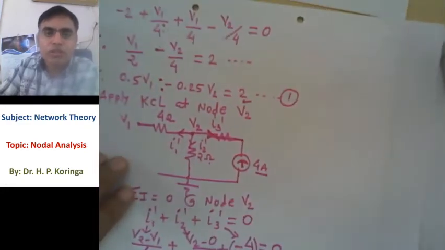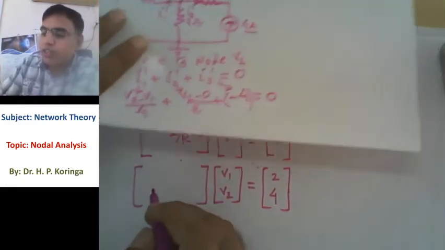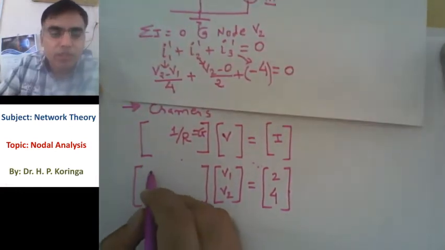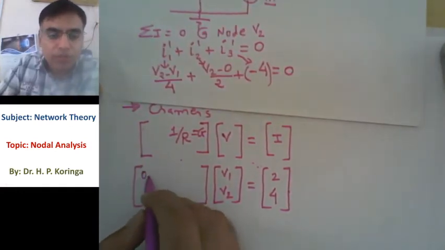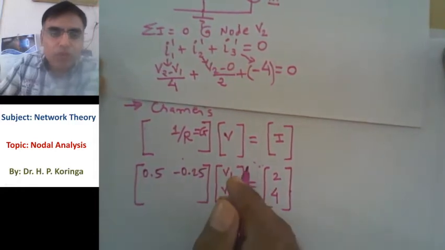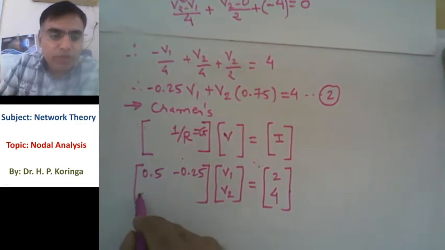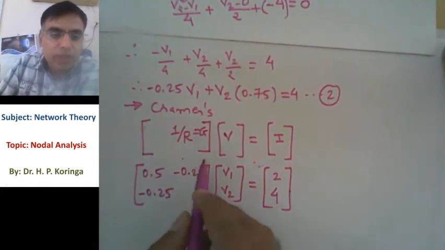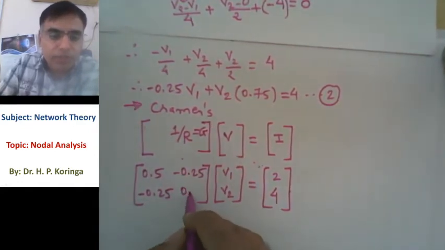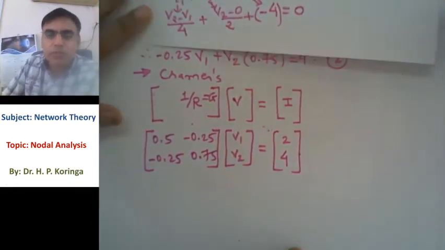So what are the coefficients of the first equation? 0.5 and minus 0.25. Let's write the coefficients of the first equation in the first row. What are the coefficients of the second equation? Minus 0.25 and 0.75. So this is our matrix.